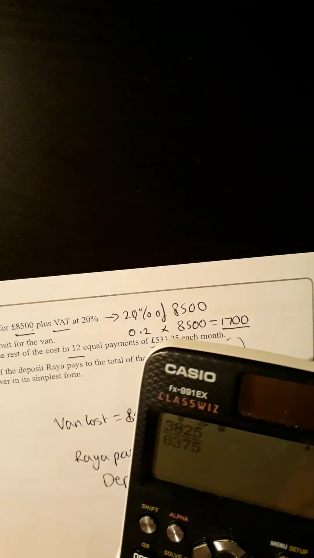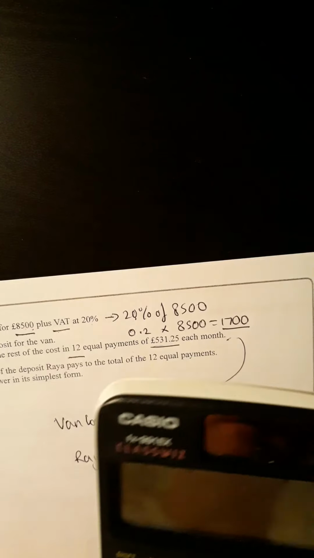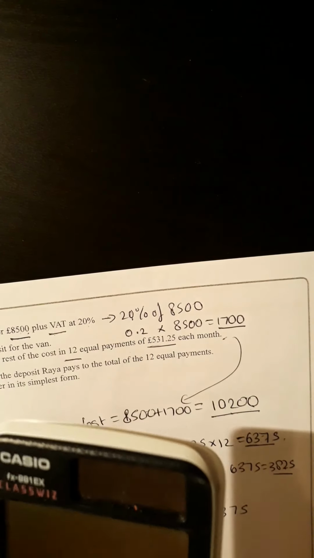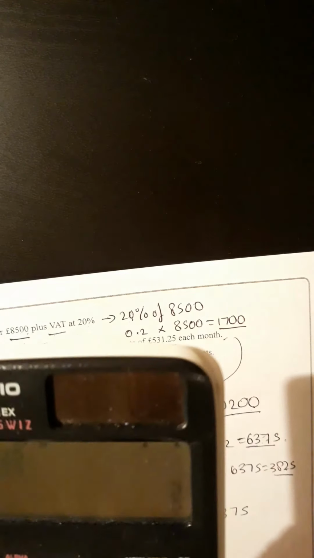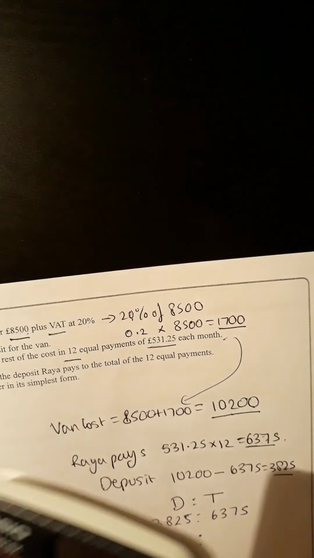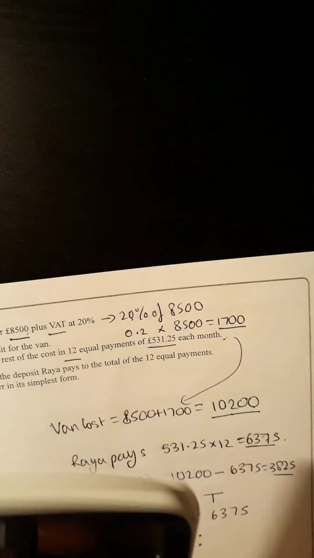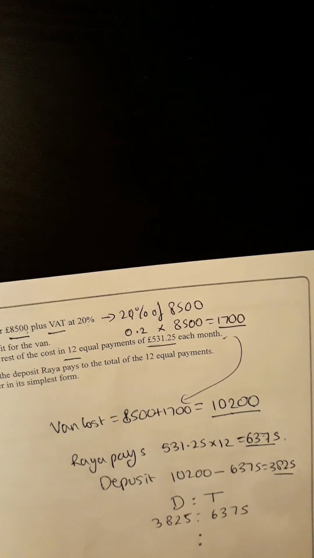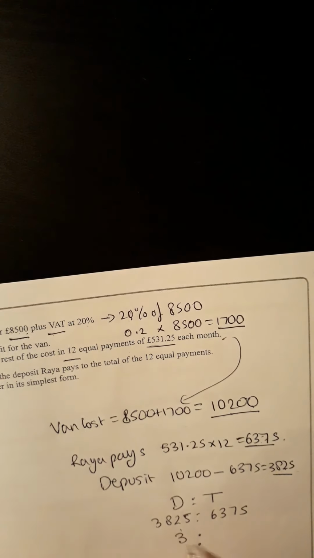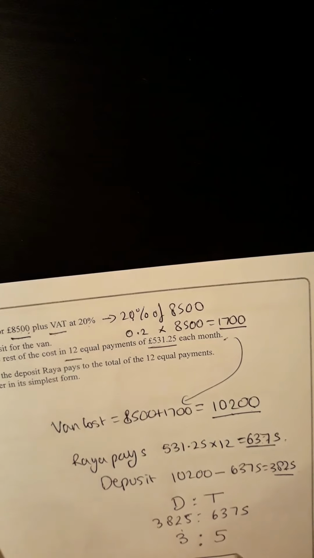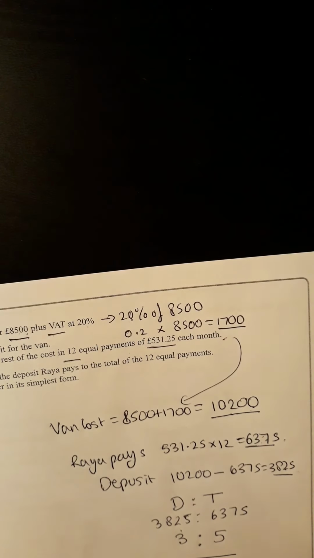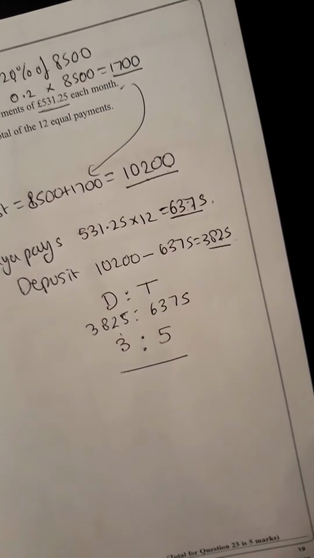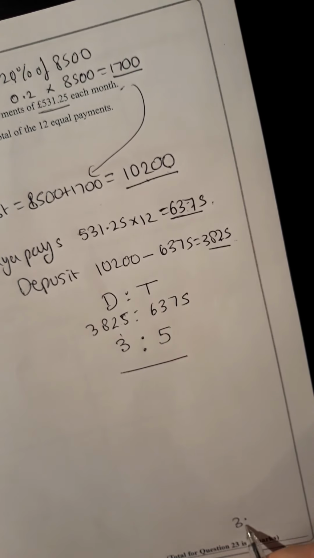If I press equals now, you'll notice it automatically simplifies those numbers for me. So now I've got 3 over 5. So this has become a 3, and that's become a 5, and that's in its simplest form. Nice little trick there for use with your calculator. 3 to 5.